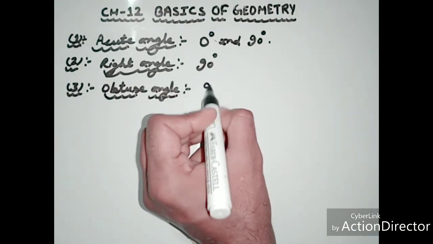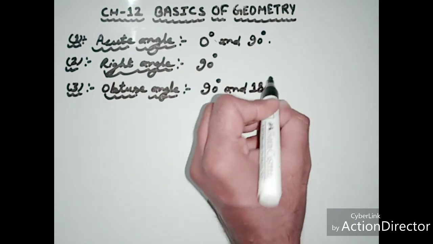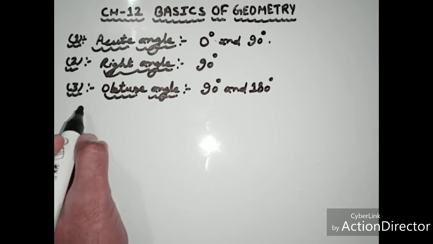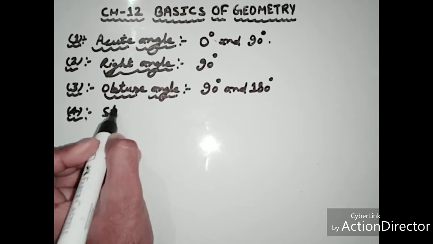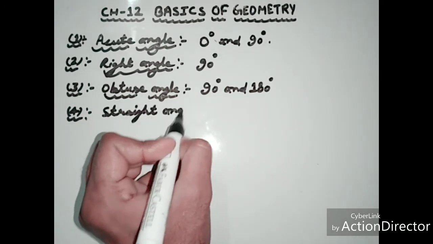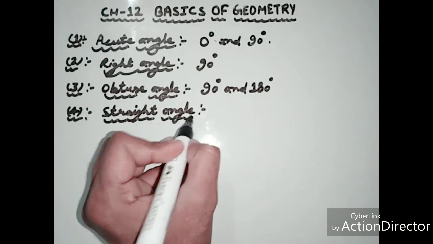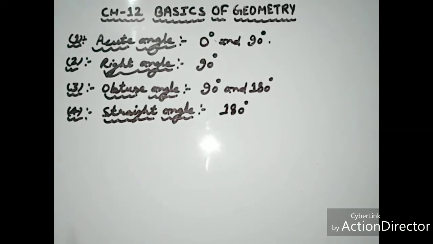An angle formed between 90 degrees and 180 degrees is known as an obtuse angle. Now the straight angle. A 180 degree angle is known as a straight angle.